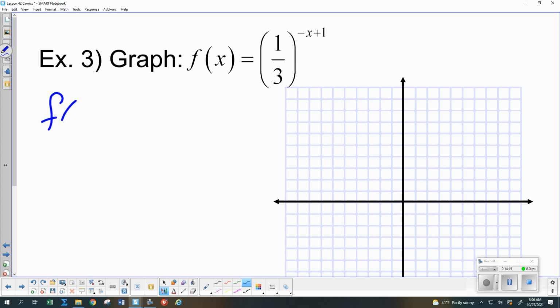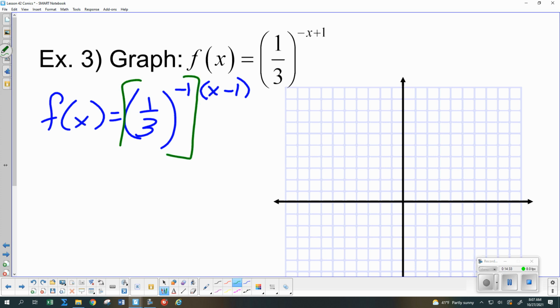So we have f of x is a third to the negative 1 times x minus 1. Put just the minus 1 with the 1/3, and we have 3, and we have 3 to the x minus 1.